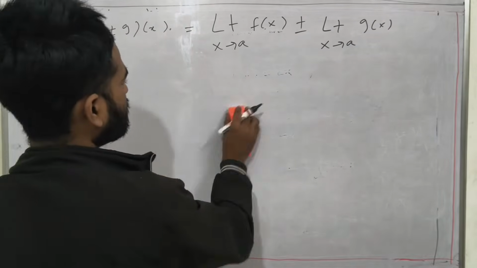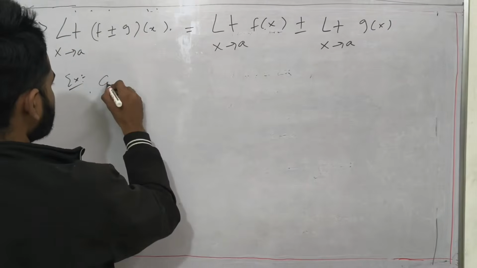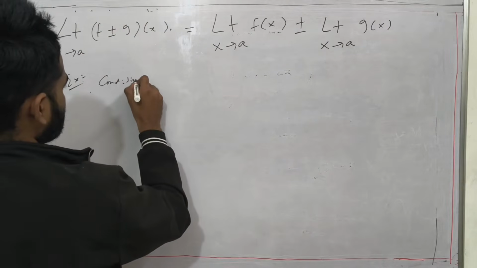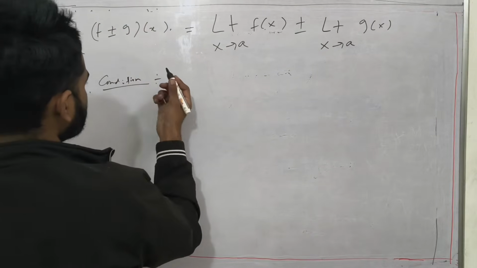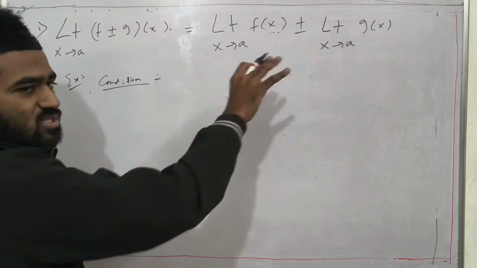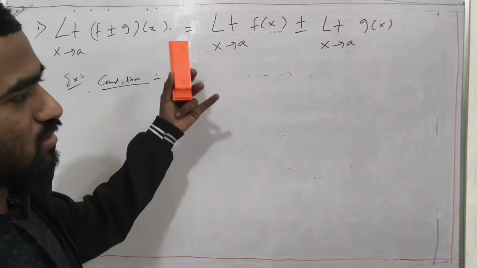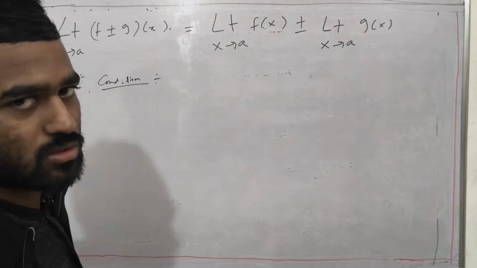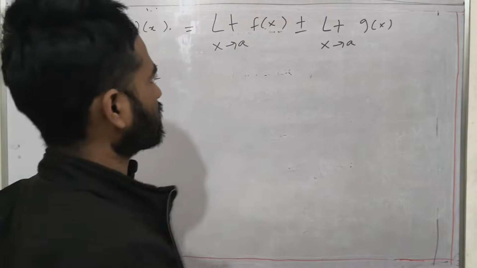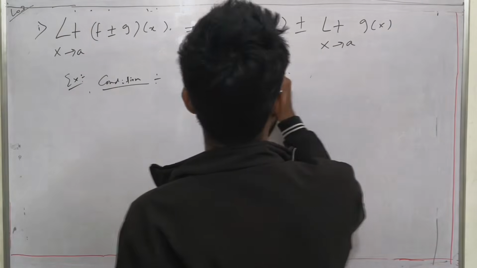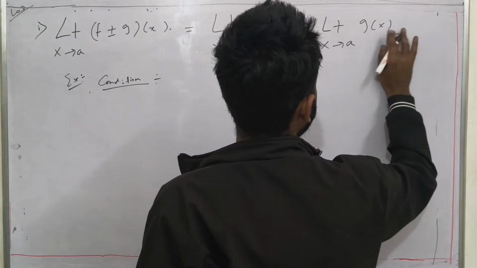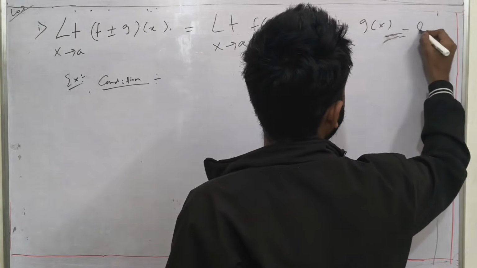So let's see, we have a condition. What is the condition? For using this rule, the result is l plus m.